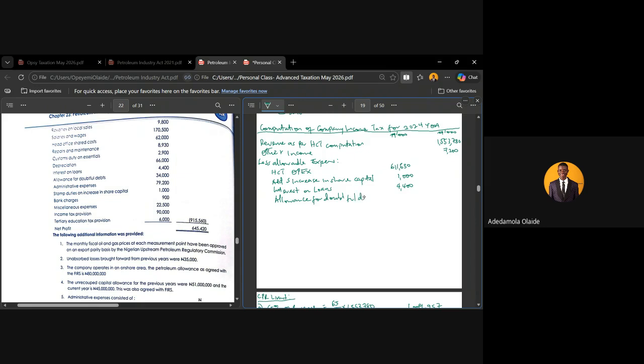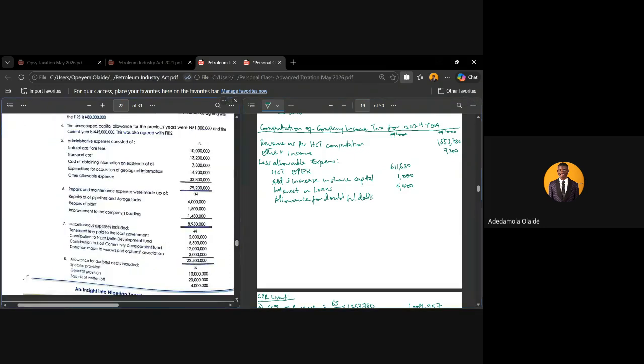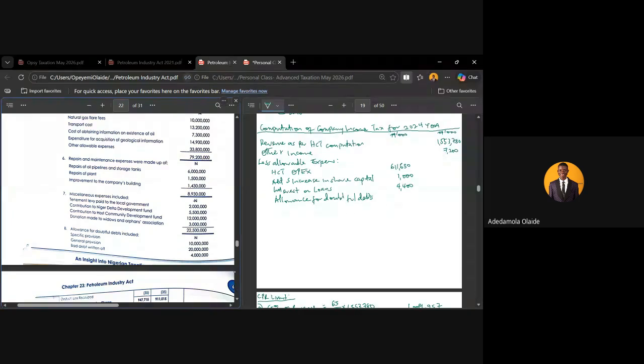For allowance for doubtful debts, we have the specific provision, which is 10 million, plus bad debt rating of 4 million. Okay, that will be 14,000. What else do we have?